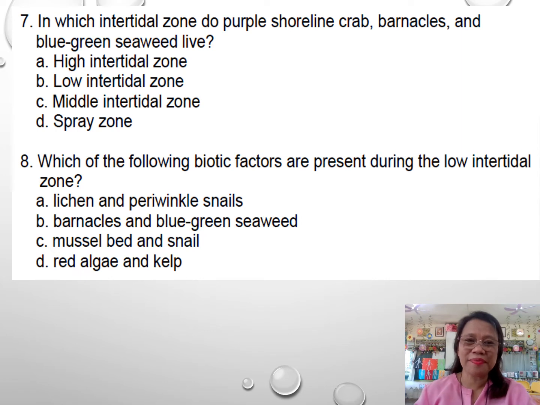Number 7. In which intertidal zone do purple shoreline crab, barnacles, and blue-green seaweed live? In which intertidal zone do purple shoreline crab, barnacles, and blue-green seaweed live?